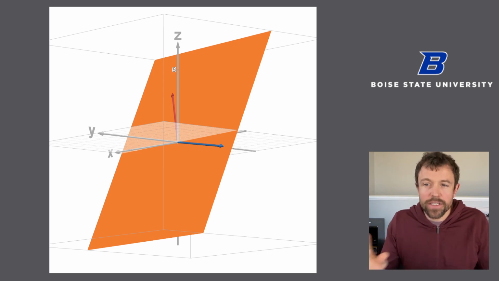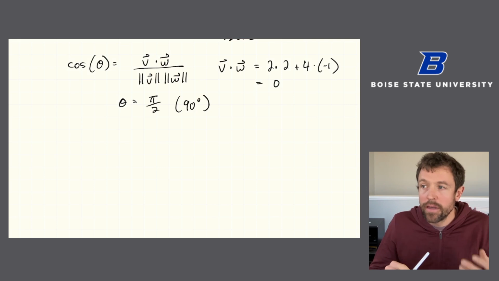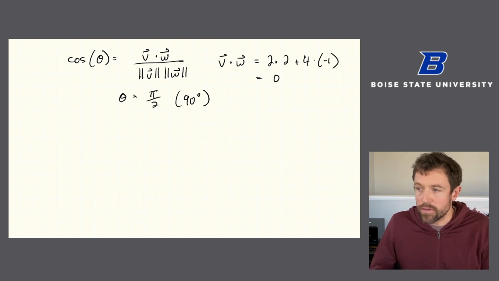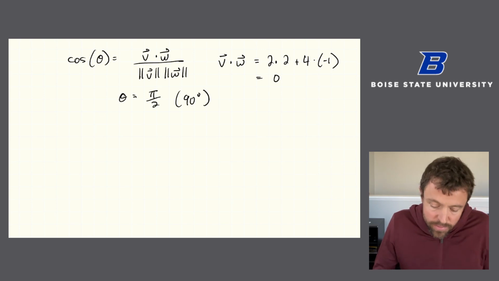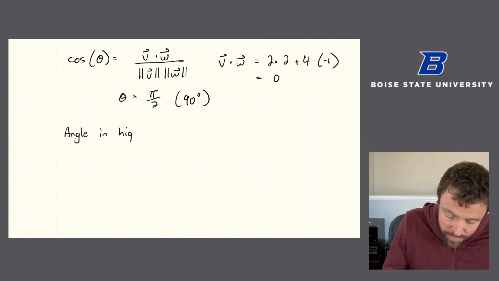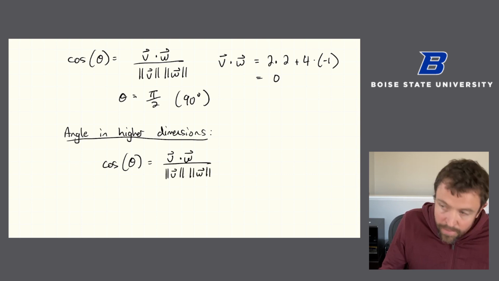And so when we get into higher dimensions, we can't really visualize this directly, but if we want angle to work the way it should, with the same properties as angle and lining up with what goes on in lower dimensions, the angle between two vectors is given by this formula: the cosine of theta is v dot w divided by the length of v times the length of w.